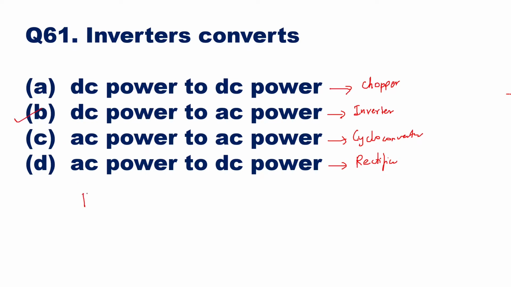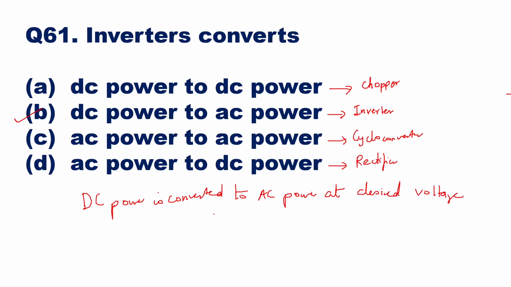So here DC power is converted to AC power by an inverter circuit. And the AC power which has been converted is at a desired voltage and frequency. So this is the basic definition of inverter.